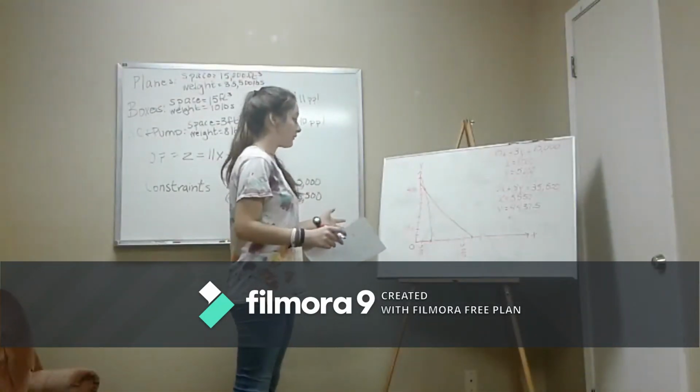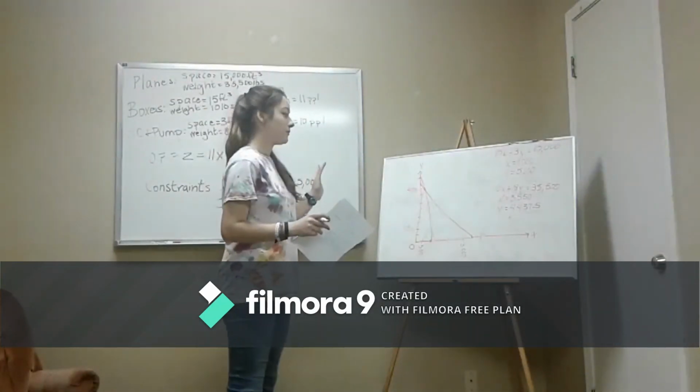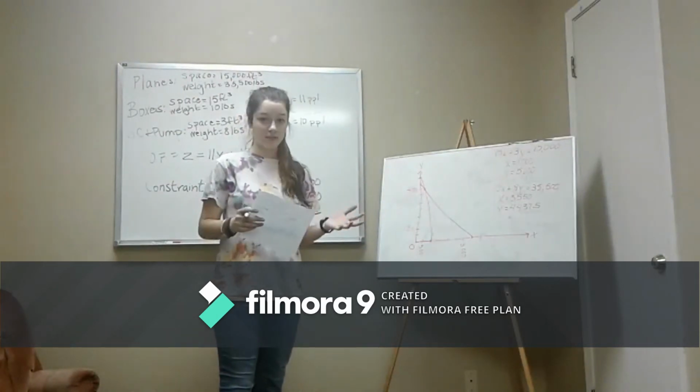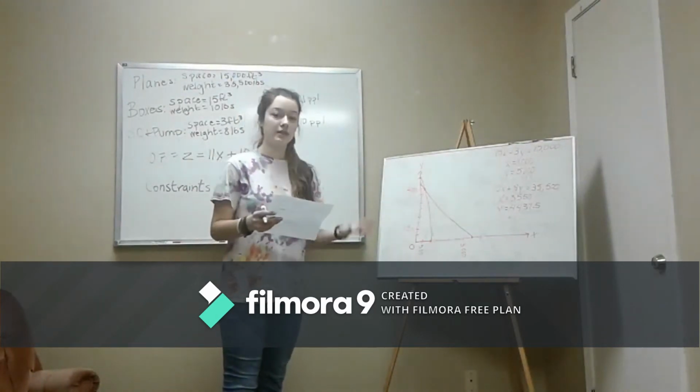Now that we have everything graphed out, we're going to make a chart so that we can see the maximum number of people that can be reached sending one airplane.